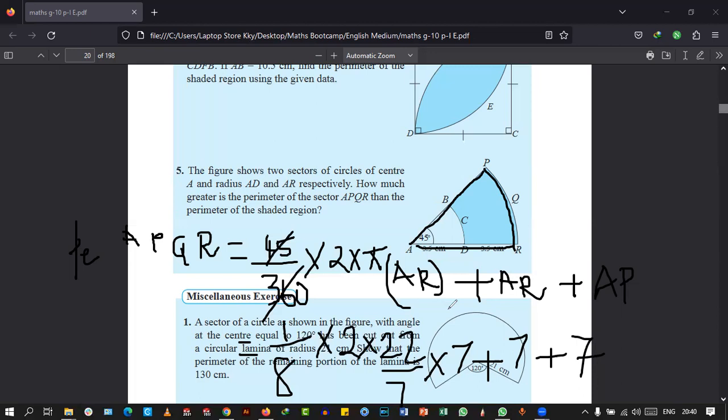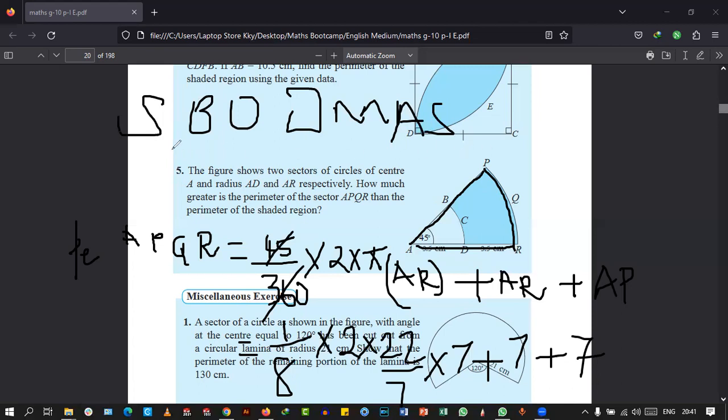The rule we need to follow is called BODMAS, right? Before you apply BODMAS, you have to simplify it. We'll talk about this later.